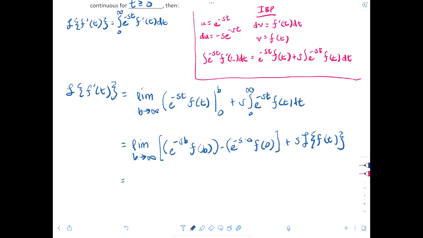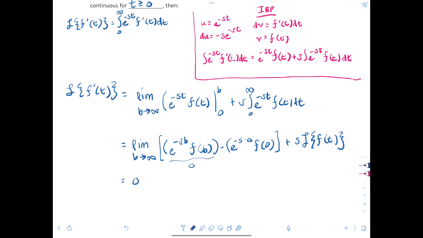So let's see what we get. Now remember that f of b doesn't grow faster than e to the negative sb by definition, as part of the requirements for a Laplace transform. So this here is going to go to 0.